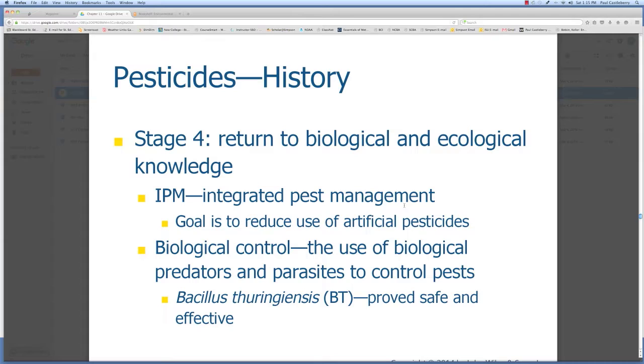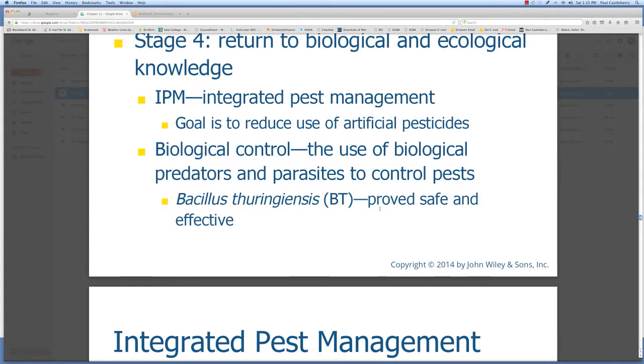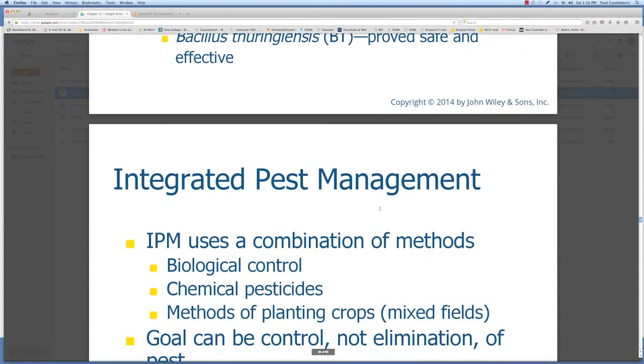So it's more of a natural movement, moving away from artificial pesticides. You see here BT, Bacillus thuringiensis, sorry I may have mispronounced that, has proved safe and effective. So BT, that's how we'll refer to it. So it's interesting how we use biological controls to get rid of our pests.